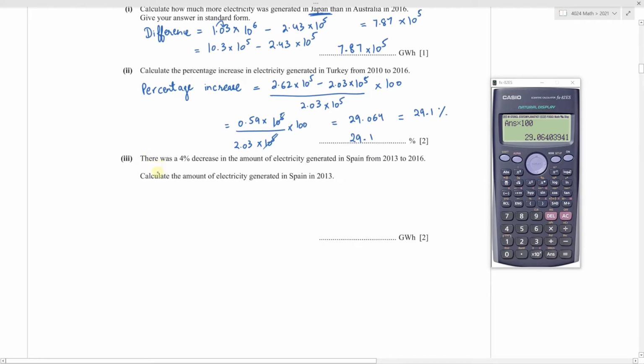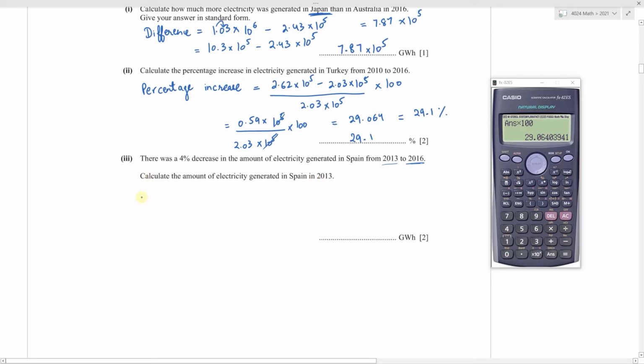Part 3 is there was a 4% decrease in the amount of electricity generated in Spain from 2013 to 2016. Calculate the amount of electricity generated in Spain in 2013.